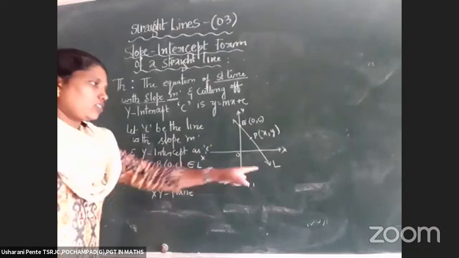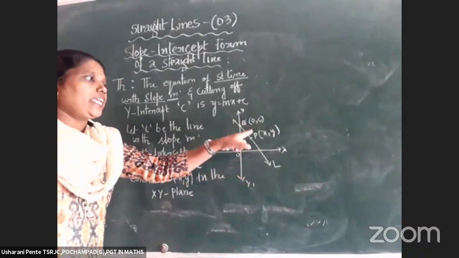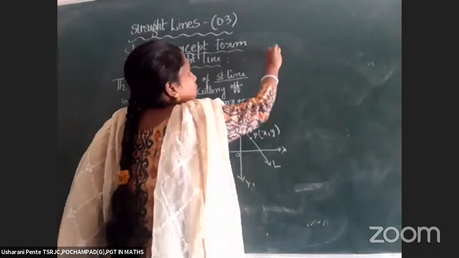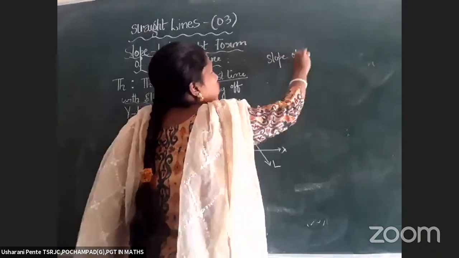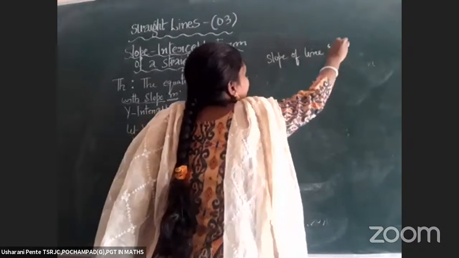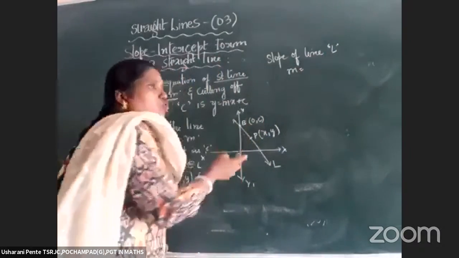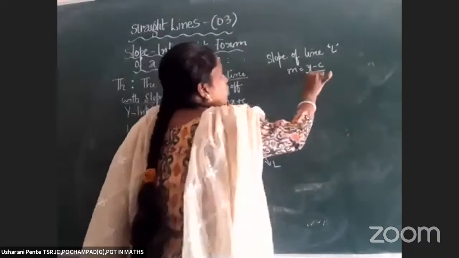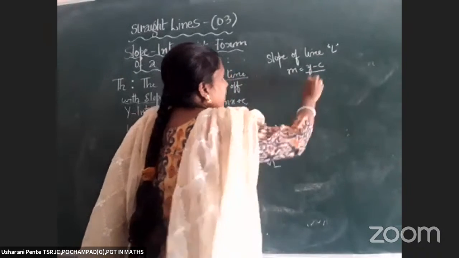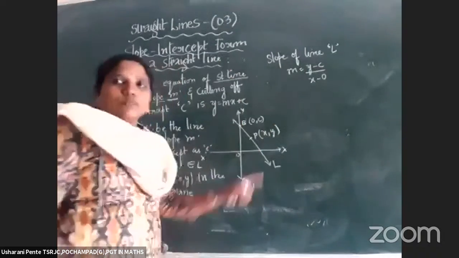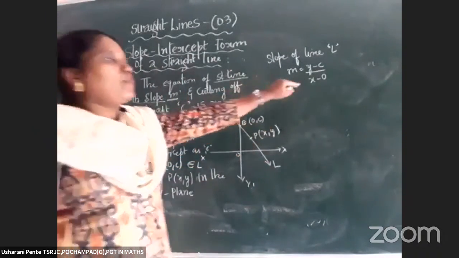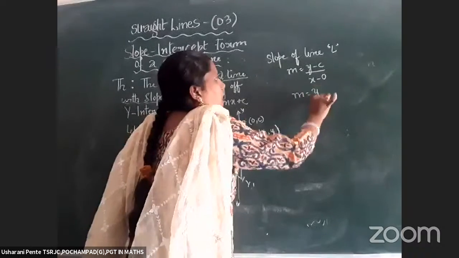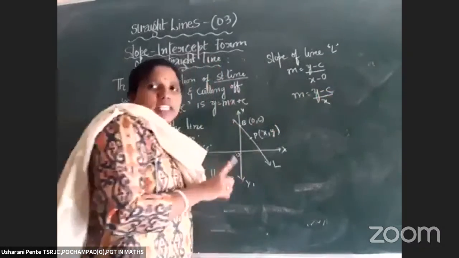We have two points, B and P. The slope of line L can be found as m equals (y2 minus y1) over (x2 minus x1), that is (y minus c) over (x minus 0). x minus 0 is x.